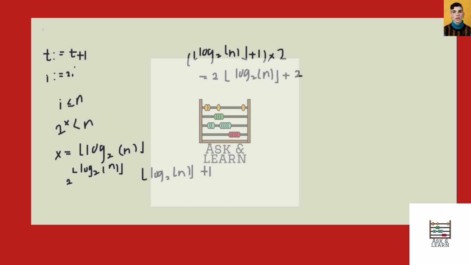So there are 2 floor function log base 2 of n plus 2 operations, while 2 floor function log base 2 of n plus 2 is O of log of n.